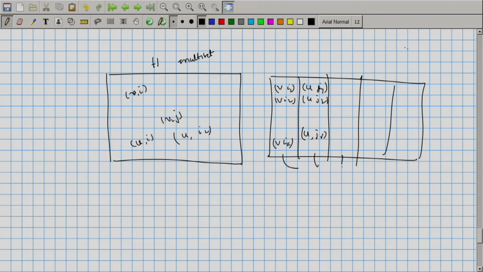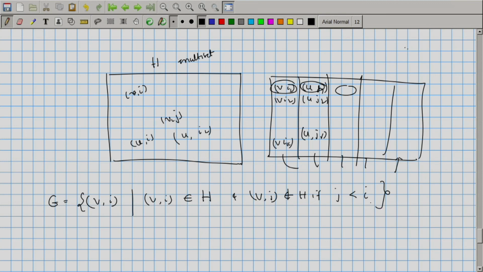We want to pick one element from each of these, so we will pick the one with the smallest index. So, G will basically be the set of V_i such that V_i belongs to H and V_j does not belong to H if j is less than i.